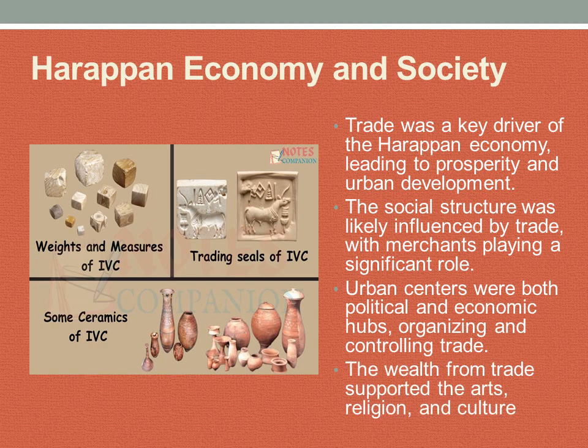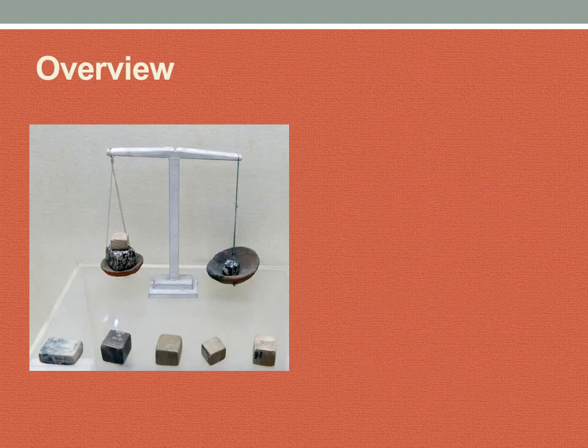The wealth from trade supported the arts, religion, and culture of the people. When there is an economic inflow of wealth, there will be more advancement in the art and religion of the people in a civilization.